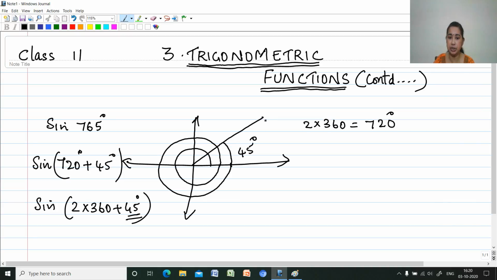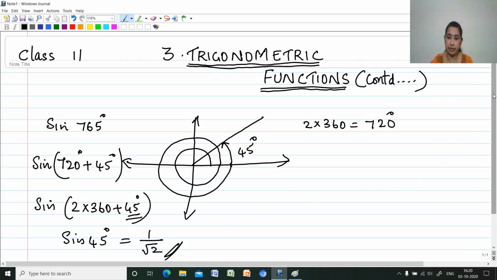Now it is in the positive quadrant, it has reached the first quadrant. So we have to find out only what is sine 45 degree. Sine 45 degree, we all know that it is 1 by root 2. So sine 765 is equal to 1 by root 2.